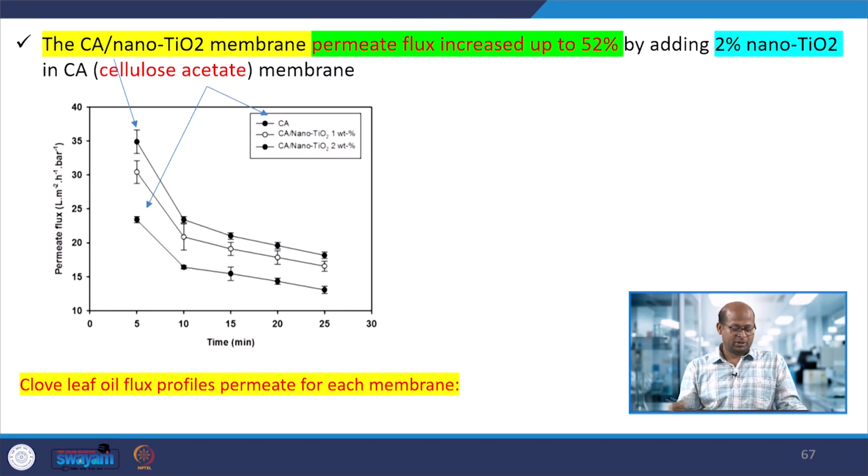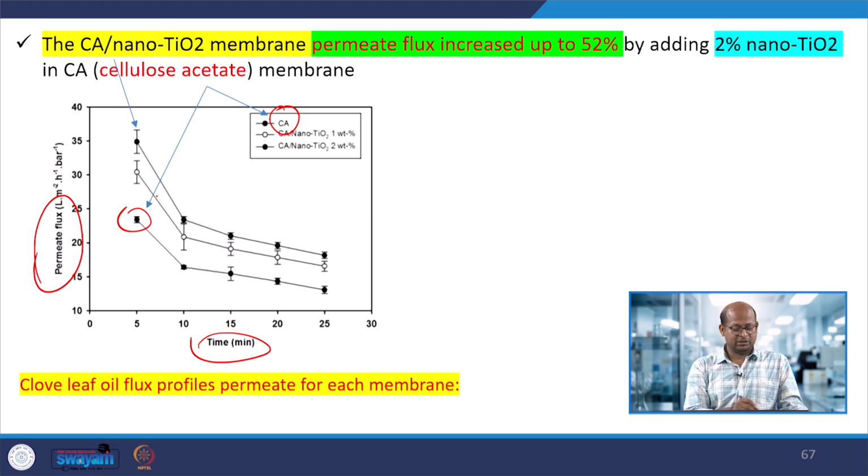Okay. Here one graph shows permeate flux against time using cellulose acetate membranes. The performance is that when 1% or 2% titanium nanoparticles are used with the cellulose acetate to prepare the membrane, it is much more effective.